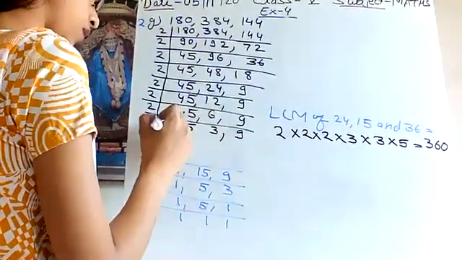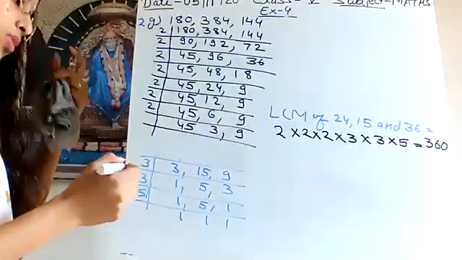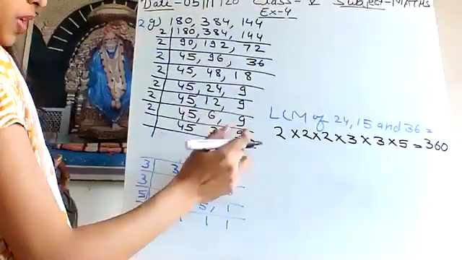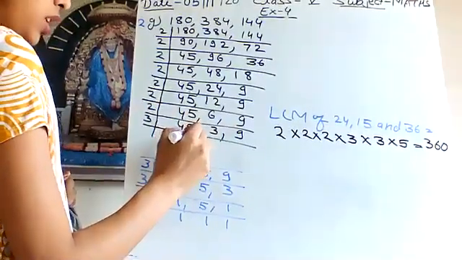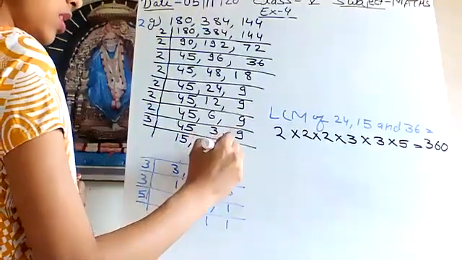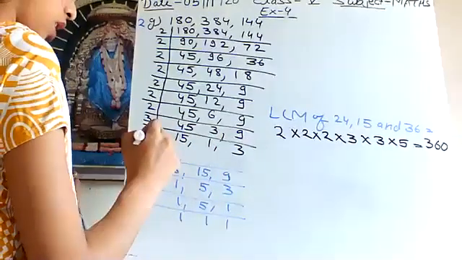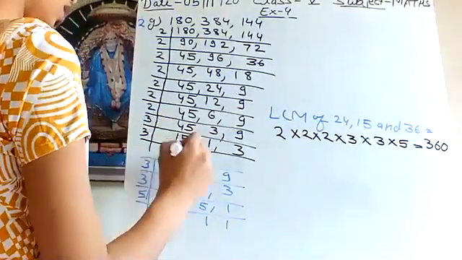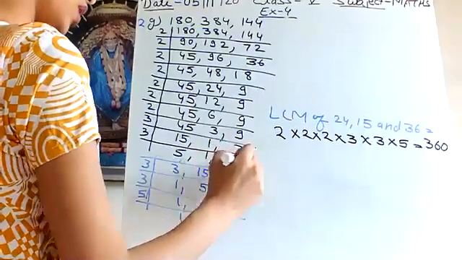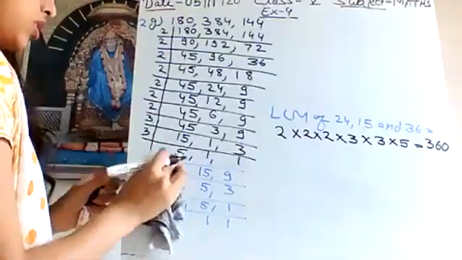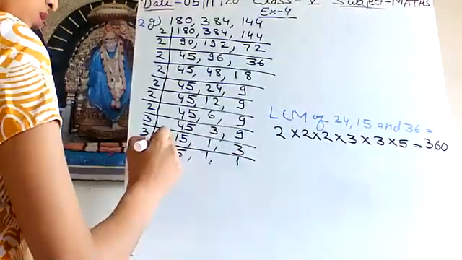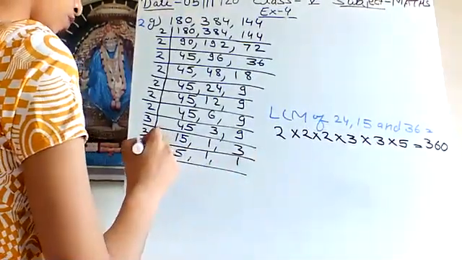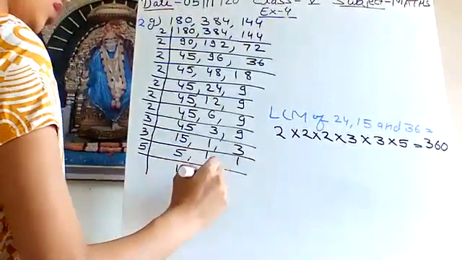Now we will move to next prime number because now nothing is divisible by 2, so we will take 3. 3 1s are 3, 3 5s are 15, 3 1s are 3 and 3 3s are 9. Then again 3 5s are 15, 1 will come as it is, 3 1s are 3. And the last number is 5. 1s are 1 1.